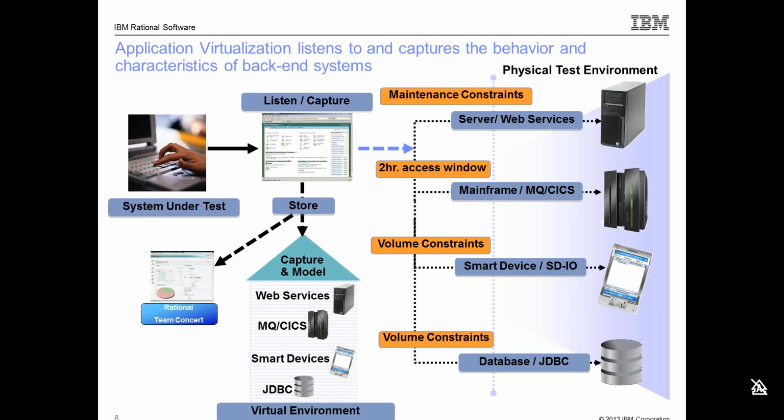So when application virtualization comes into the picture, we put in an agent that can listen and capture the interactions between the system under test and those backend systems that we are constrained by. Once it can listen and capture, it would primarily look at the request-response messages, or whatever publish messages take place between the system under test and the backend system.